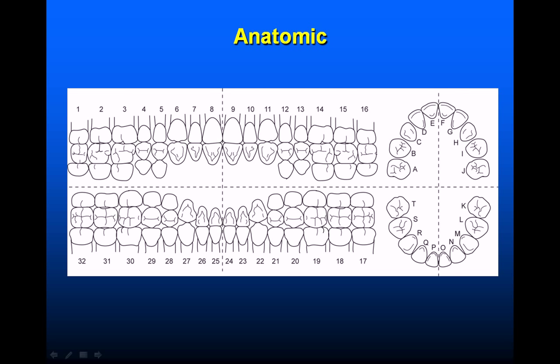The anatomic tooth chart has teeth that actually look like real teeth. Sometimes your anatomic tooth charts will have numbers. This one is numbered 1 through 32, indicating all 32 teeth in a permanent dentition.